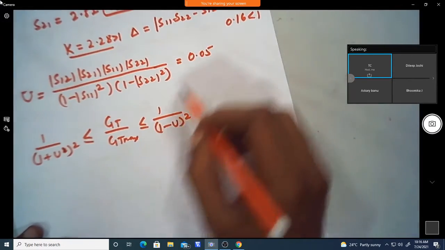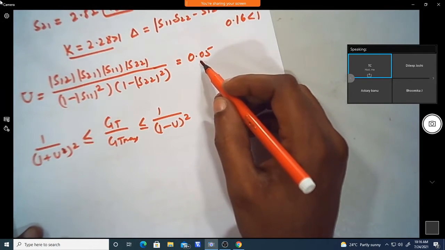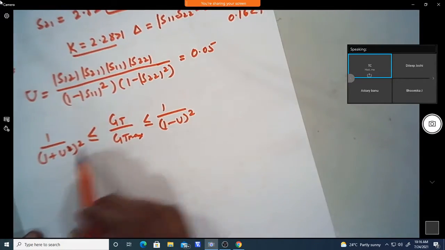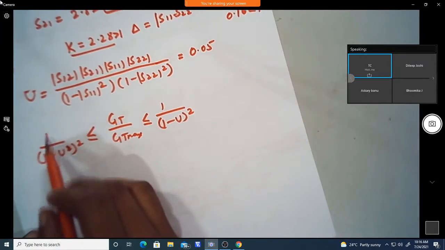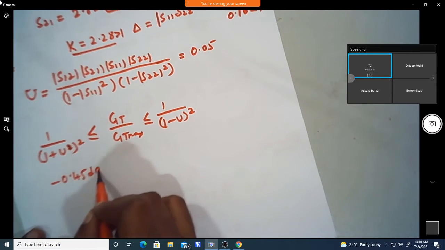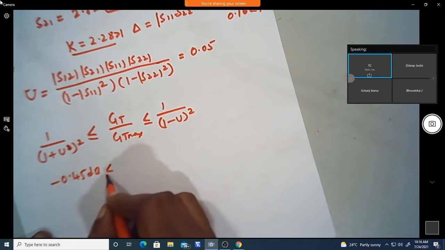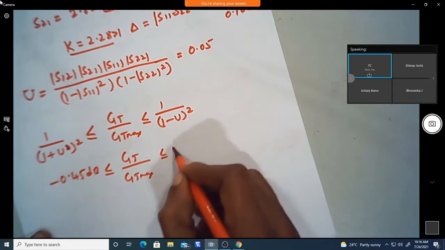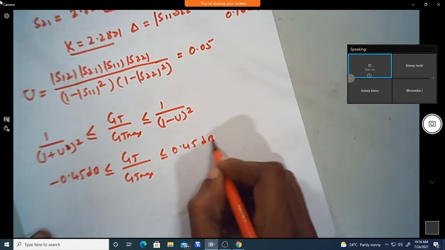If I substitute this u value here in terms of dB, that is 10 log of 1 over 1 plus 1.05, you are going to get minus 4.45 dB. So that is less than or equal to GT by GT max less than or equal to 0.45 dB.